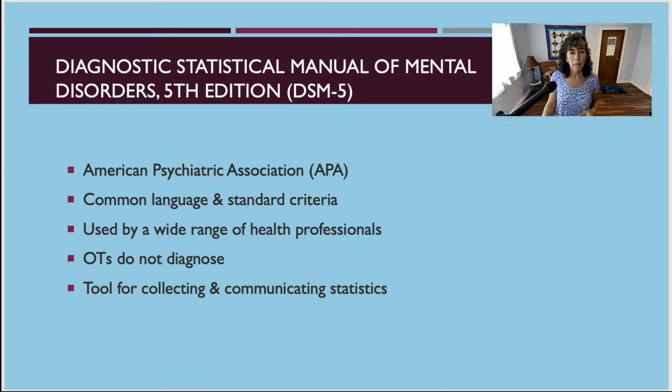So, we learn about the DSM-5, which is all about mental disorders. And some of them are developmental, so it's not only mental disorders in terms of schizophrenia and bipolar disorder, although it includes those, but it's a little bit broader than that.